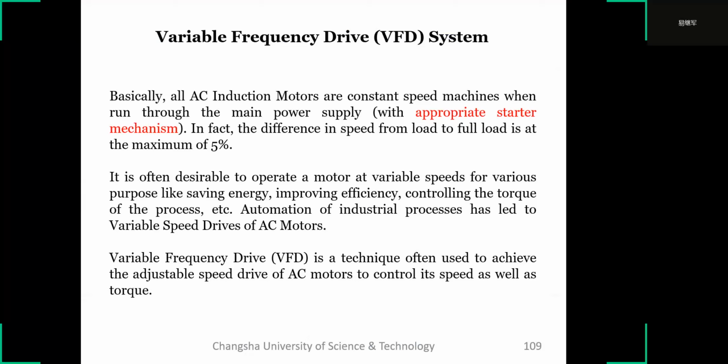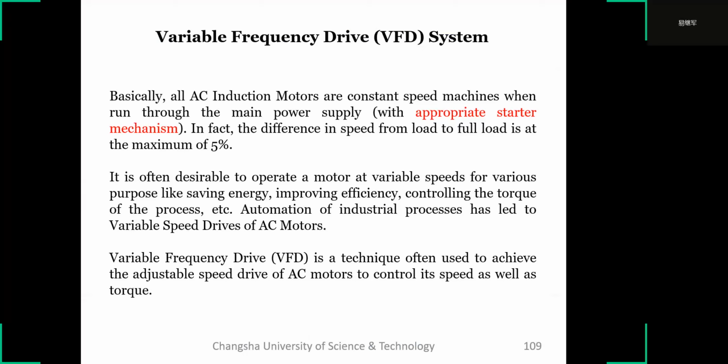This is about the review. This review is about the last class, because we want to design the mechatronics. Key points in the design are how to control the motor.